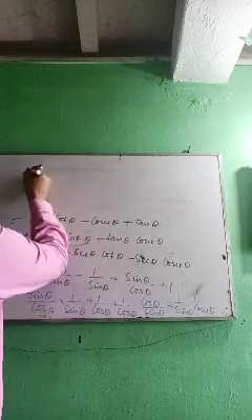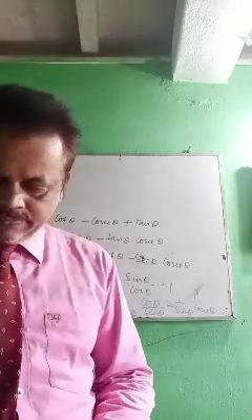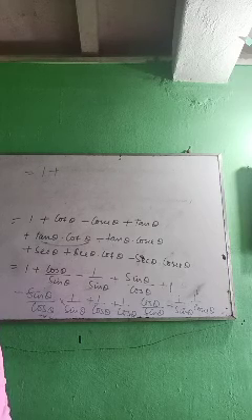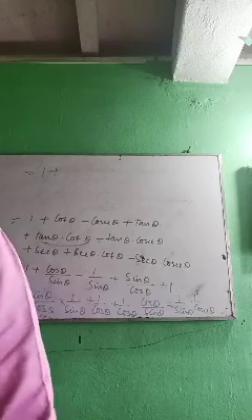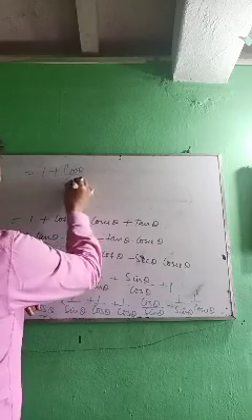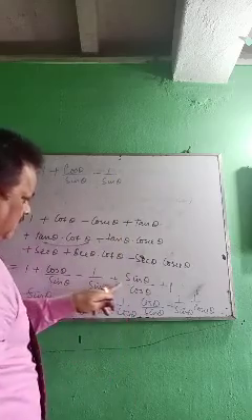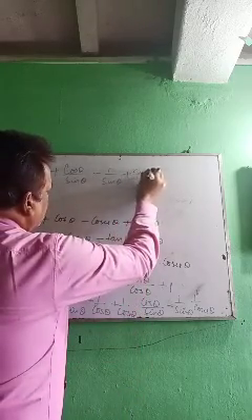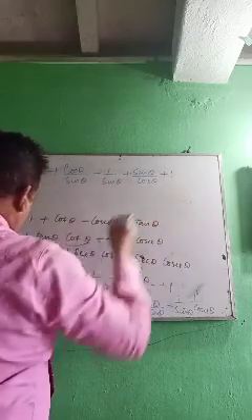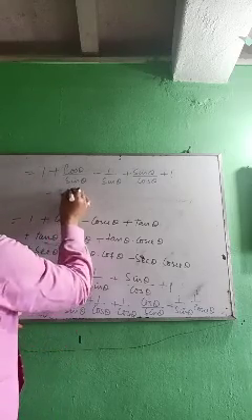This will remain 1 plus 1 plus cos theta by sin theta, minus 1 by sin theta, minus sin theta by cos theta, plus 1, again minus sin theta.